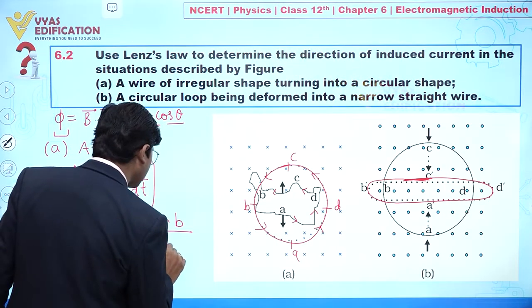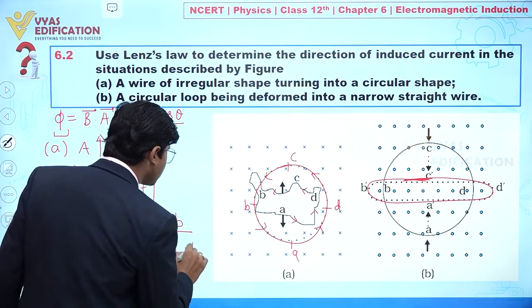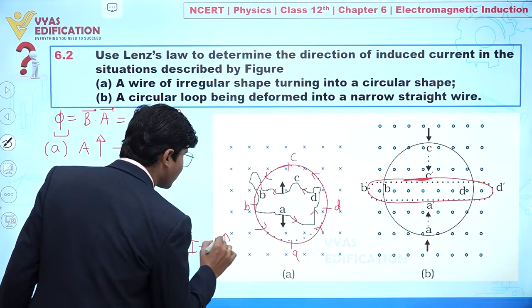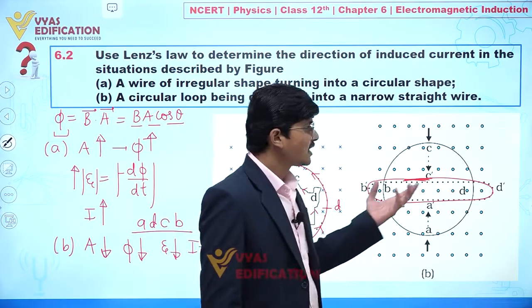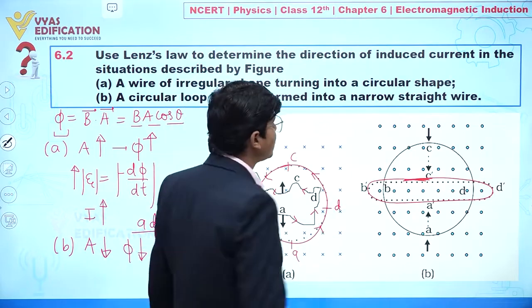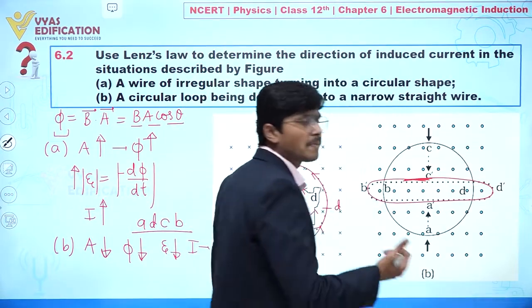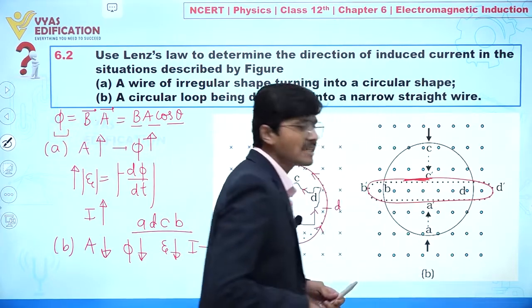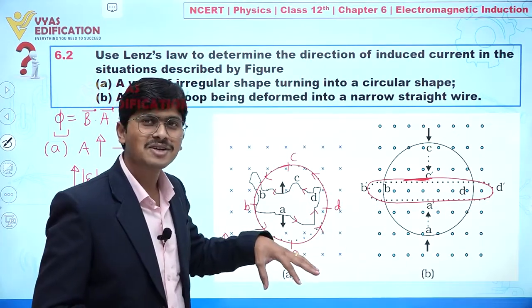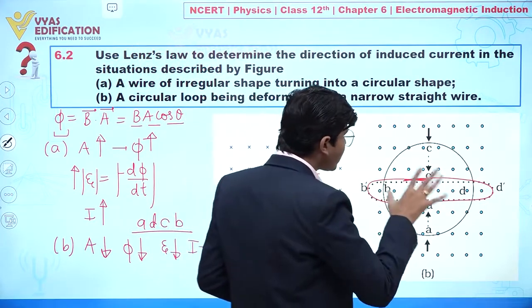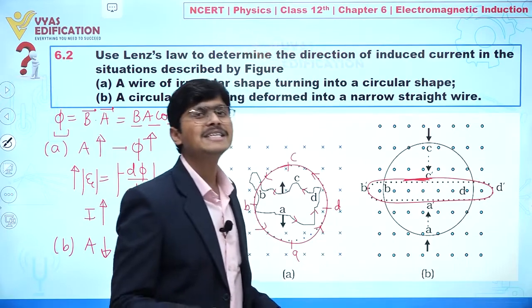When flux is decreasing, induced current will be developed such that it will try to increase the magnetic flux. Here the magnetic field lines are perpendicular outward; these dots represent magnetic field perpendicular outward. When the magnetic flux decreases as area decreases, current will be developed like this, to increase this magnetic field.